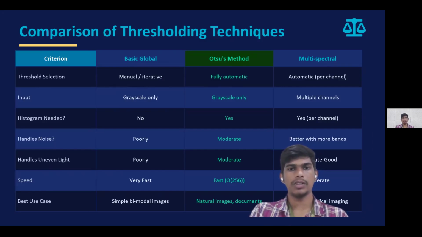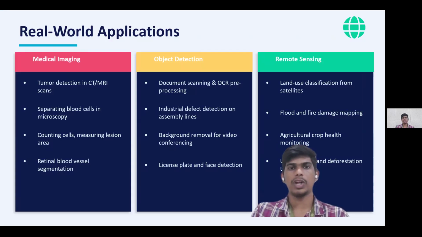Coming to handling noise, the Otsu method handles it better. In efficiency, all are almost the same, but the Otsu method is very fast, with a big O of 256. It is mostly used for natural images and documents. Real world applications include medical imaging, object detection, and remote sensing.